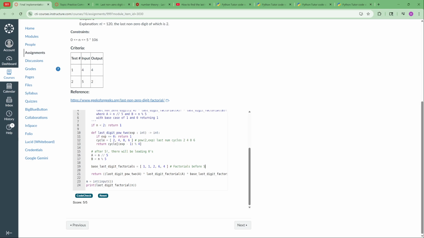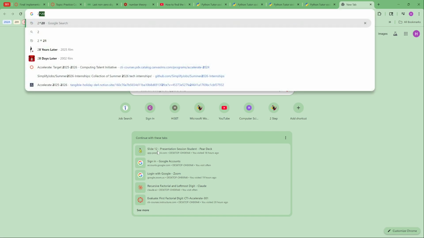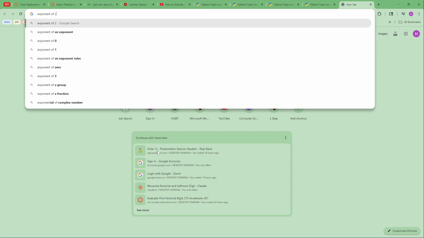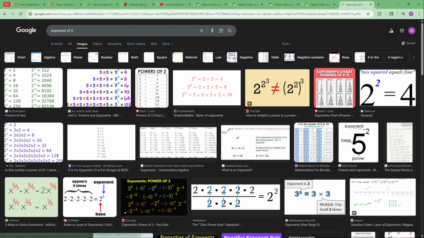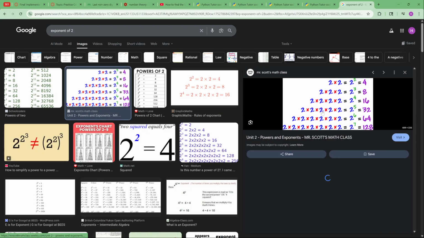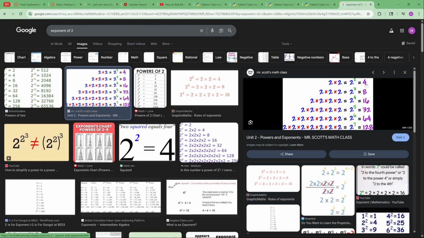So in the function, I think they were called inner functions, we take in an exponent, and this is because of the power of 2. The exponent of 2 has a last digit cycle that repeats.